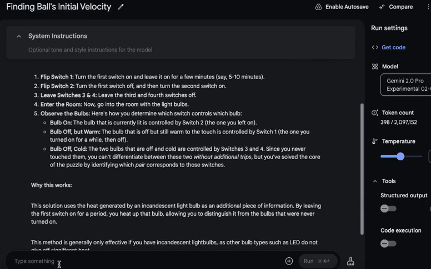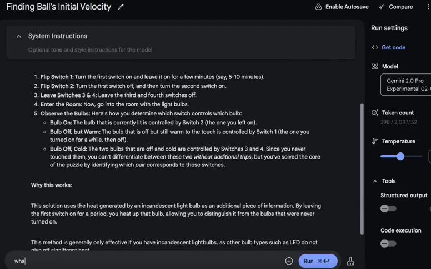Let's give another prompt. What about switches 3 and 4 without using LED? Let's give it a go.